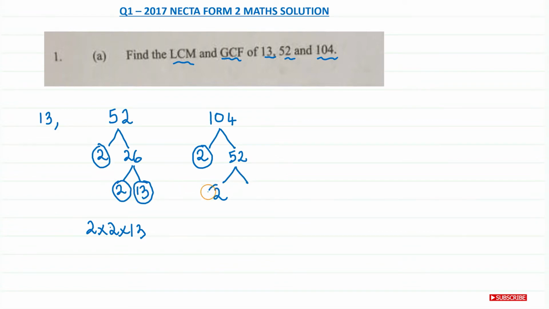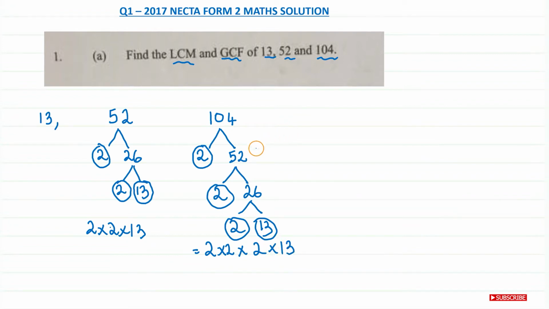Anyway, let's just complete it. 2 times 26. 26 is not a prime number, so we carry on, that is 2 times 13. Now we've got all the prime numbers. So 104 is the same as 2 times 2 times 2 times 13.